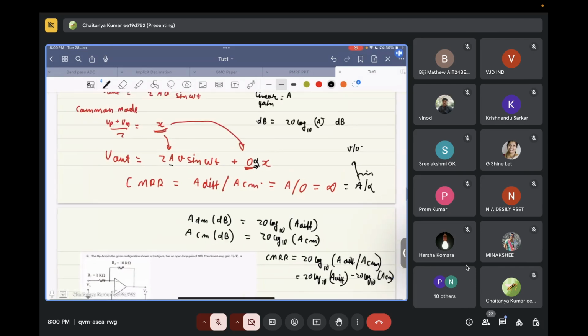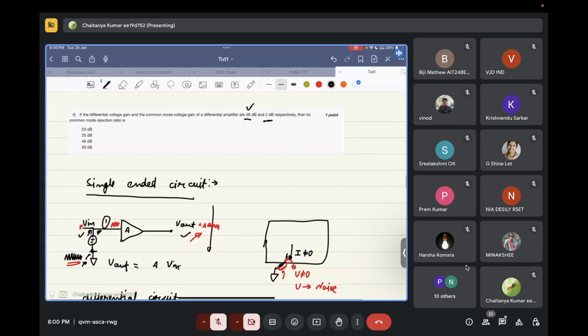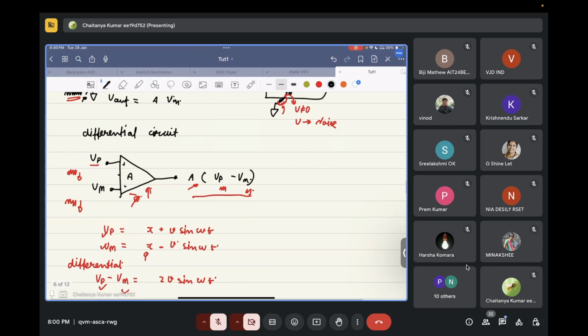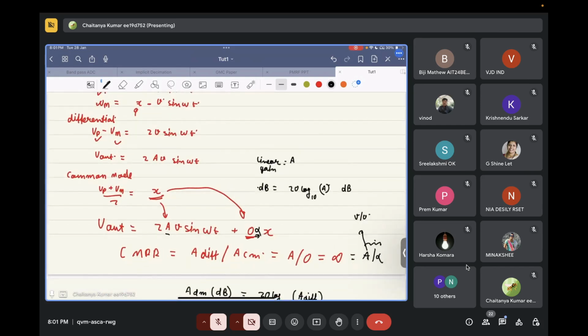So if the gains are given in decibels and you are to find the ratio of the gains, you will subtract. If it is given in linear scale, you will take the ratio. Is the concept of common mode rejection ratio and the gain in decibels clear to you guys? Is there any doubt? If there is any doubt, you can stop me in between and ask.